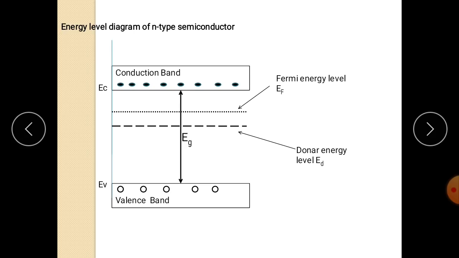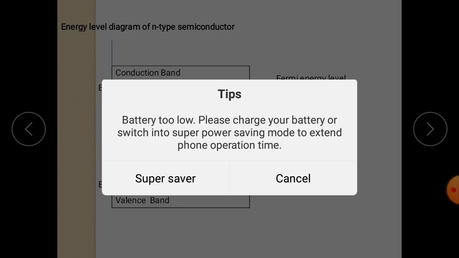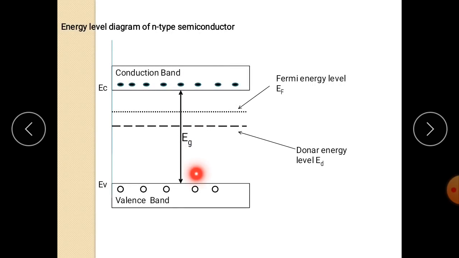By acquiring thermal energy, the difference between the conduction energy level and the donor energy level is so small that the forbidden energy gap decreases and the electron can easily jump to the conduction band, leaving immobile positively charged holes in the impurity atoms.